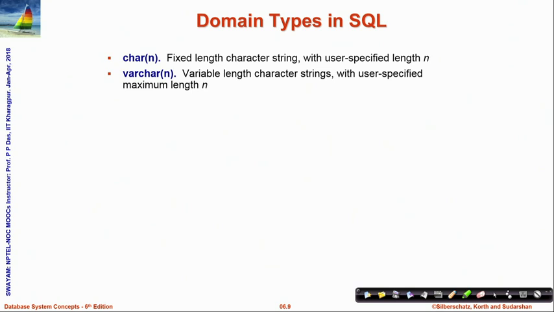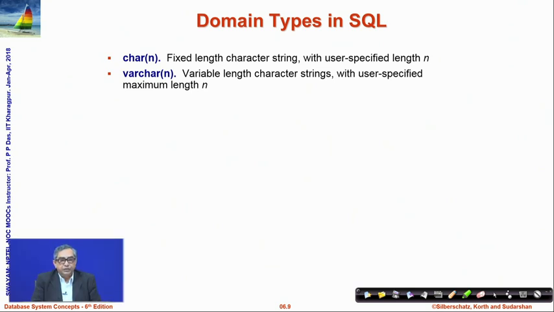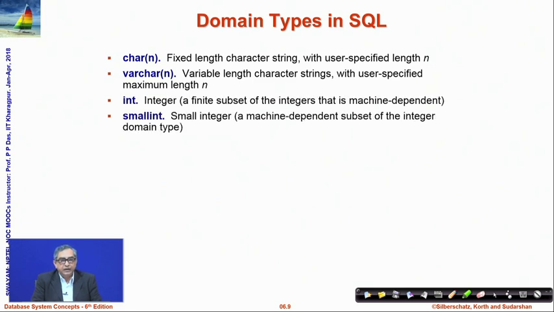Then you can have variable character string, where the length specifies the maximum length the string can take, but a string could be shorter than that. Integer obviously, then small integer, which in a system may give a smaller range of integer values.